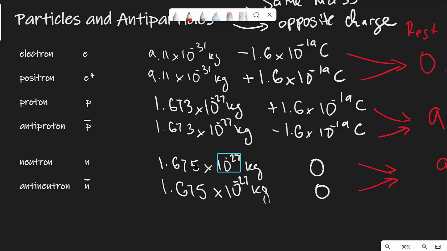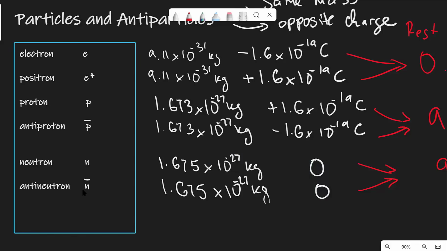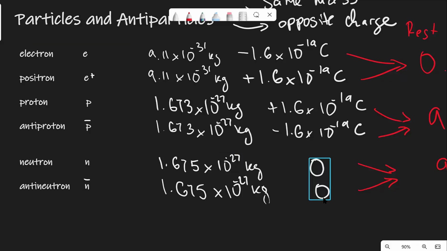The neutron and the anti-neutron, so they have the same mass, 1.675, tiny bit larger than the proton, and they actually have the same charge because the neutron has 0 overall charge and the anti-neutron has once again a 0 net charge.